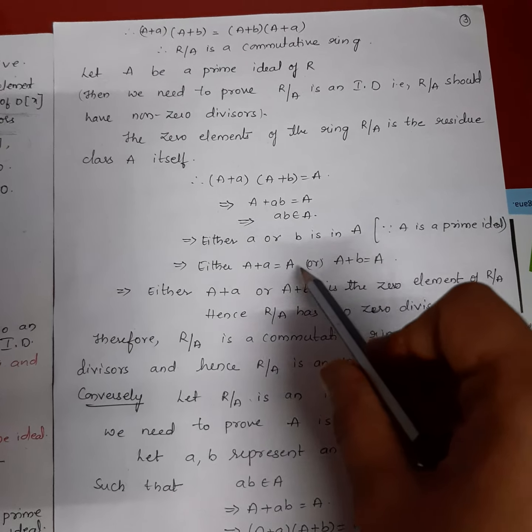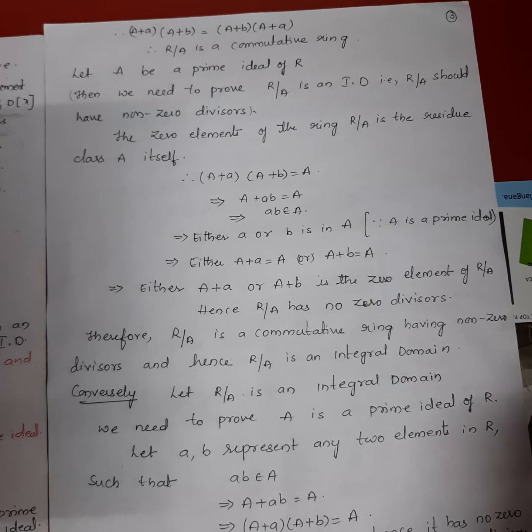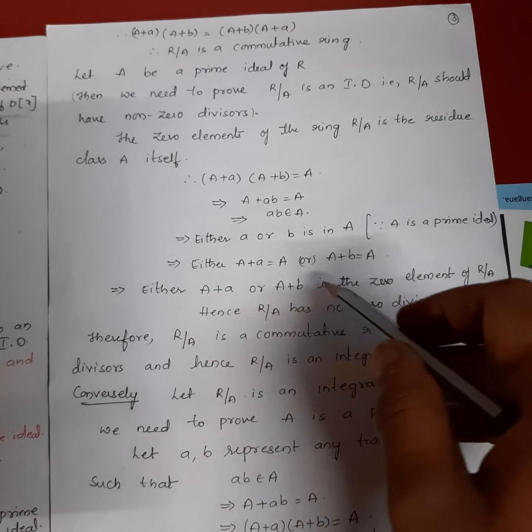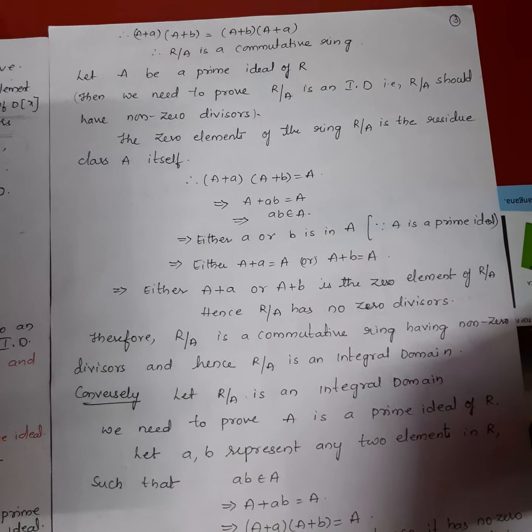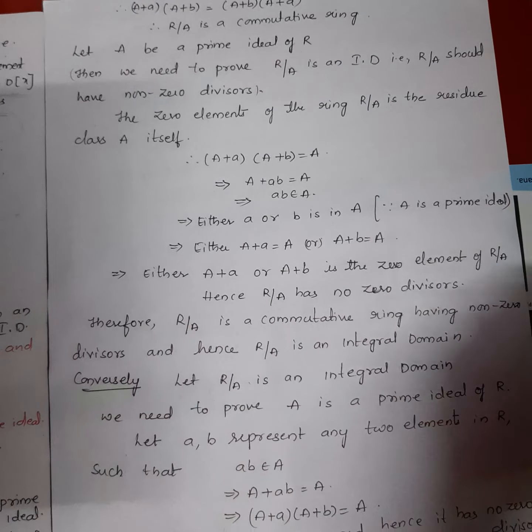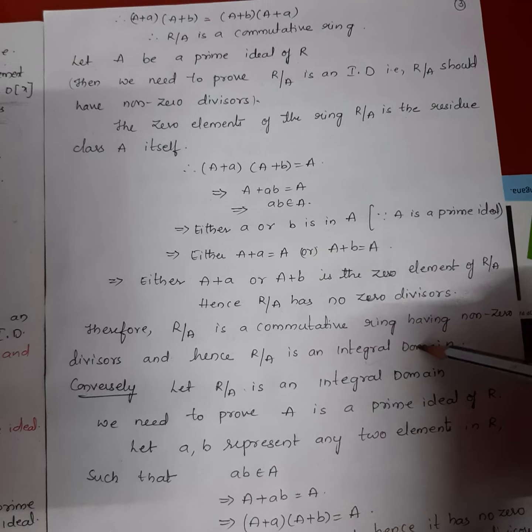If any one of these equals A, one of the elements will compulsorily be the zero element. Therefore R/A has no zero divisors.